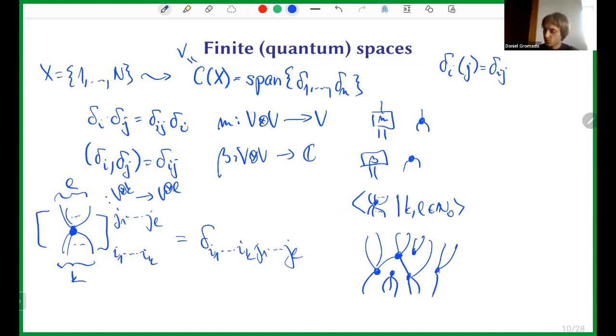So what is this? Well, thanks to the fact how this spider is defined, thanks to this canonical delta, all that matters in this picture is which wires are connected together.